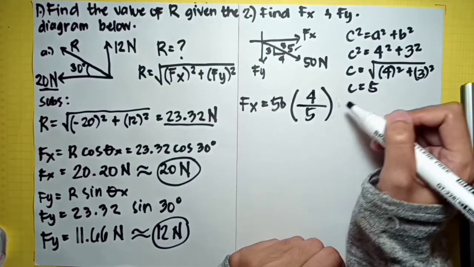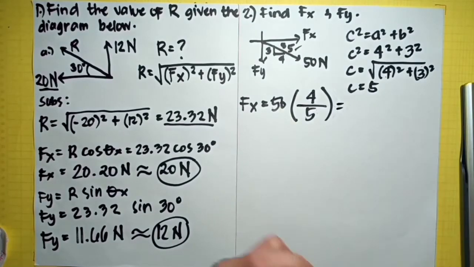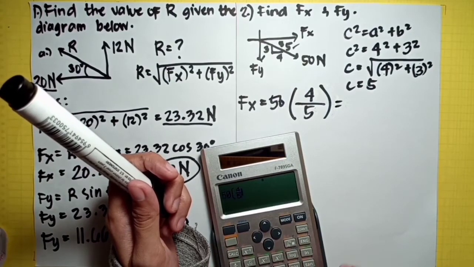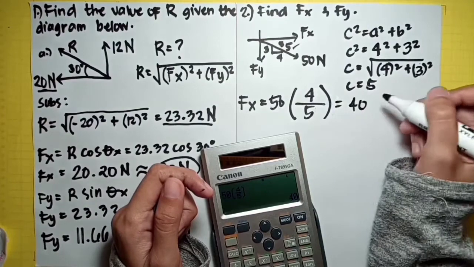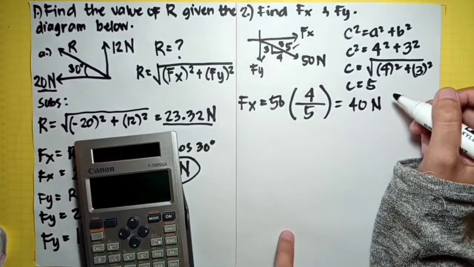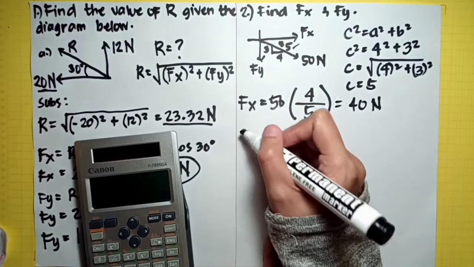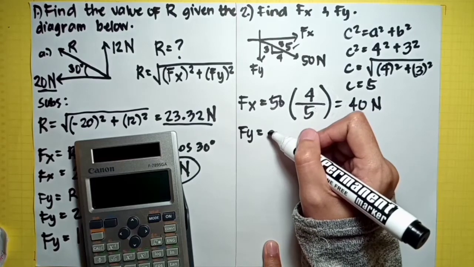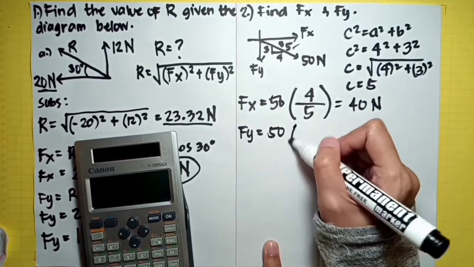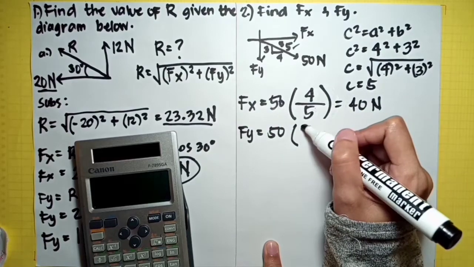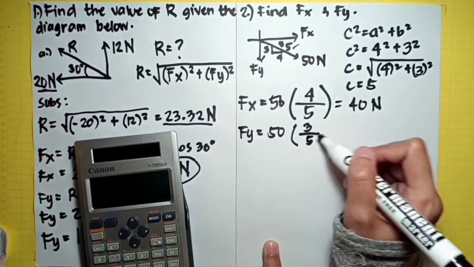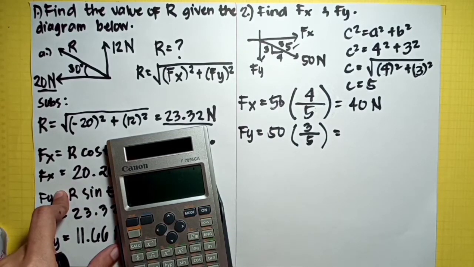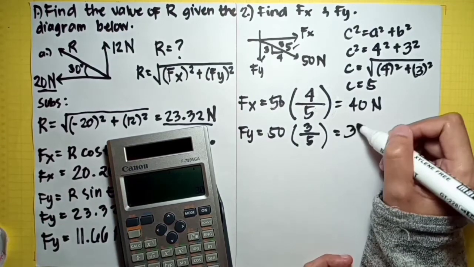So, ang answer ngayon, the force of F sub x is equals to 40 Newton. And then, for F sub y naman, pareho lang sa F sub x na na-mention ko din kanina, which is R. Ang value ng R is 50 Newton times the y-axis slope, which is the number 3, over 5, which is the hypotenuse, which is equals to 30 Newton.